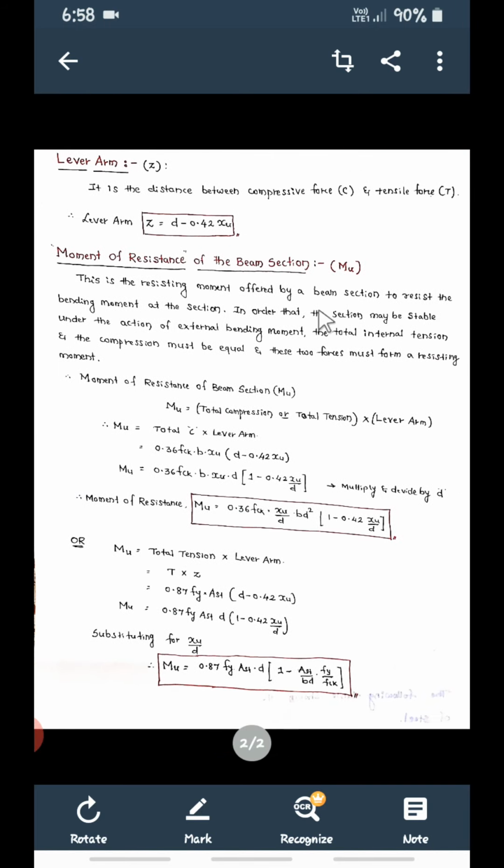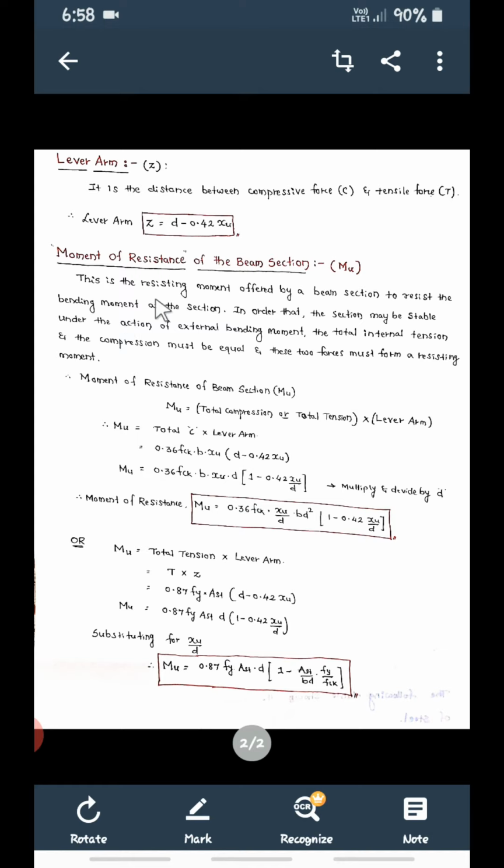So this resistance is known as moment of resistance. Moment of resistance is the resisting moment offered by the beam section to resist the bending moment. Whatever bending moment comes onto the beam due to load will be resisted by the concrete and steel.